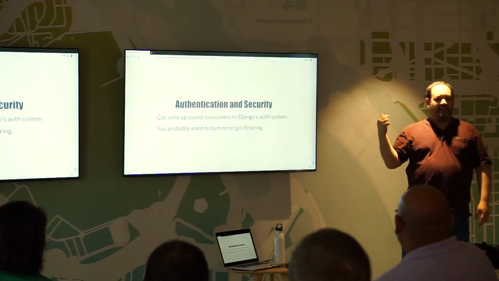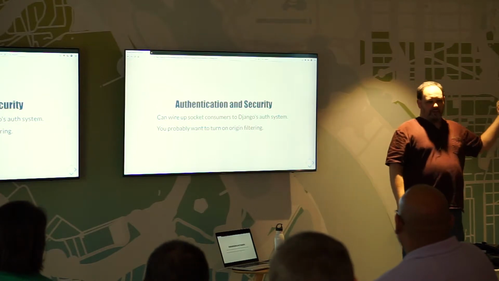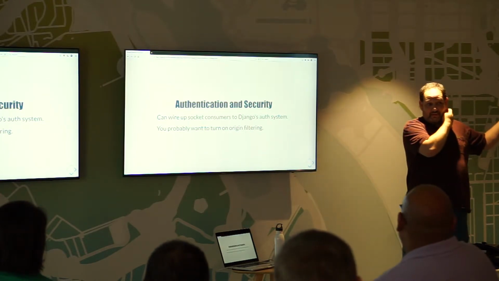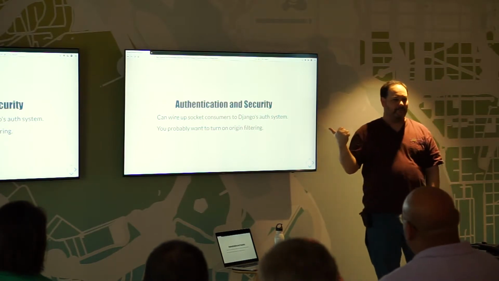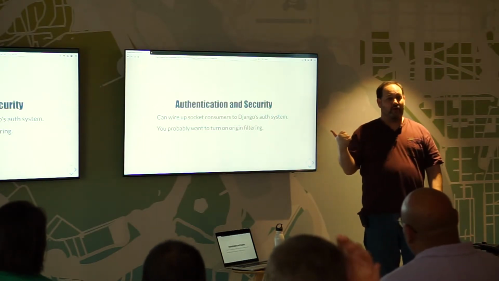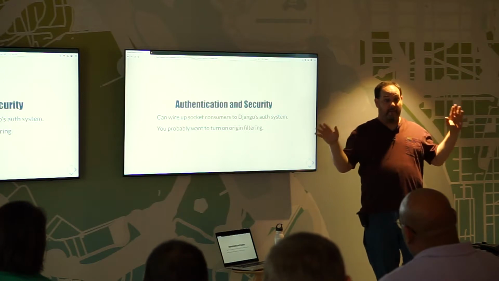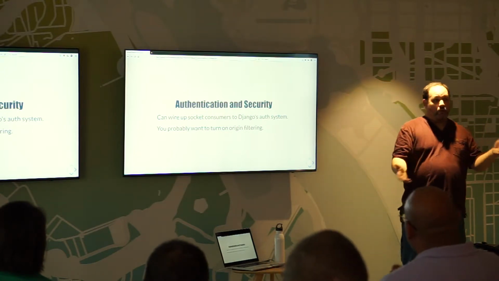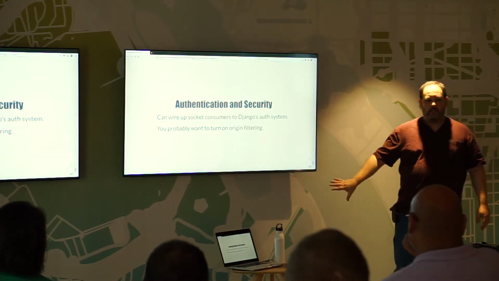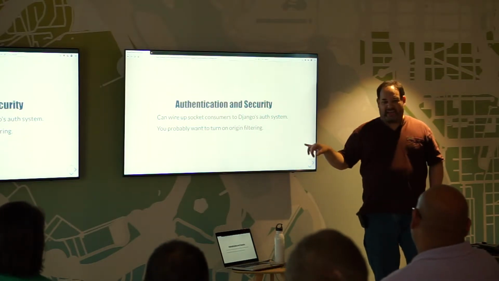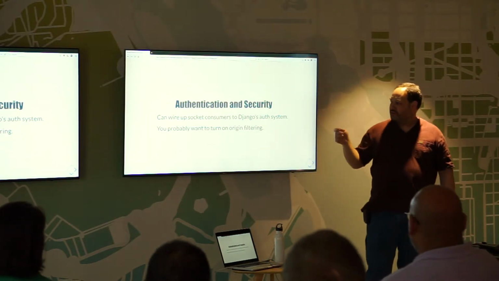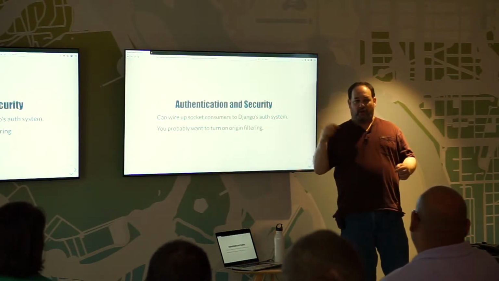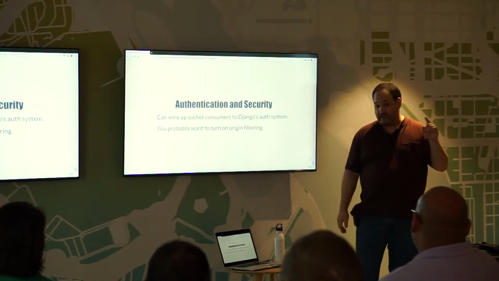Origin filtering says check the authorized hosts in Django to see if the source host for this WebSocket connection is in authorized hosts. If you don't turn that on, it will accept WebSocket connections from anywhere. You may want that. I really didn't. So I turned origin filtering on. If I were left to my own, or if it was my decision, I think origin filtering and authentication should be on by default, but that's not the decision they made. You have to wire that up yourself.